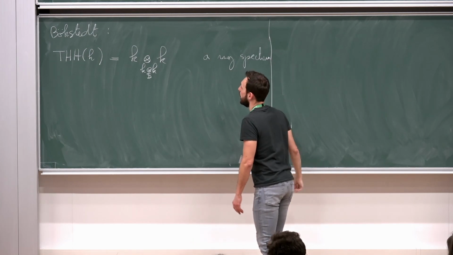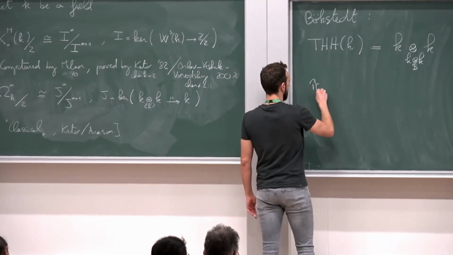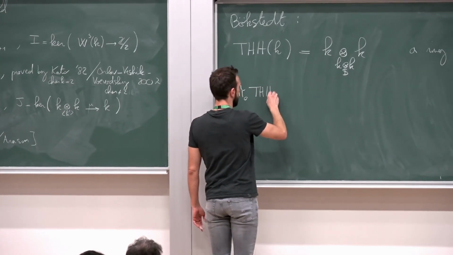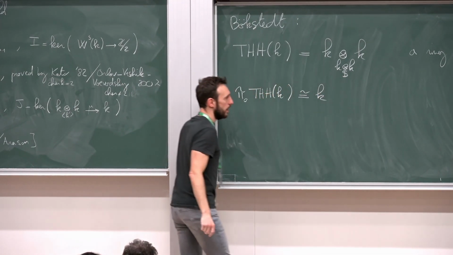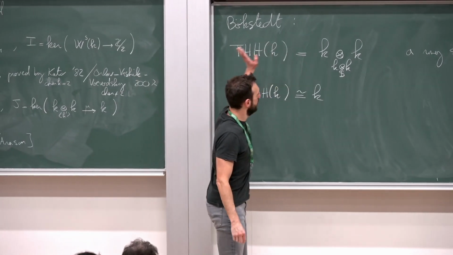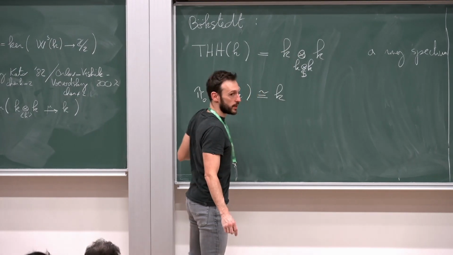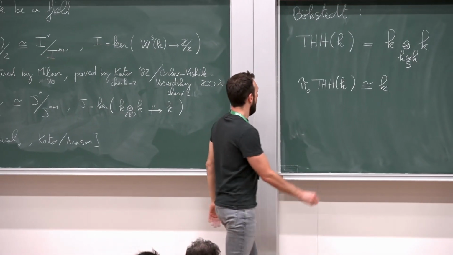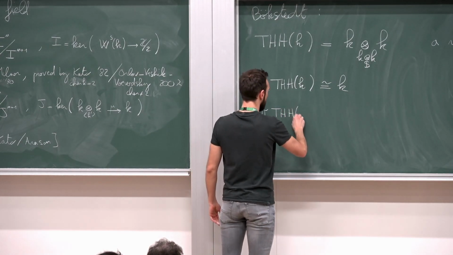And you can start calculating. So what happens if you do the same as we did for K-theory? Pi 0, that's just K. That's fairly clear. It's the same thing as if you did it in algebra, and if you do strict tensor products, you get K. Something a bit more fun is pi 1.